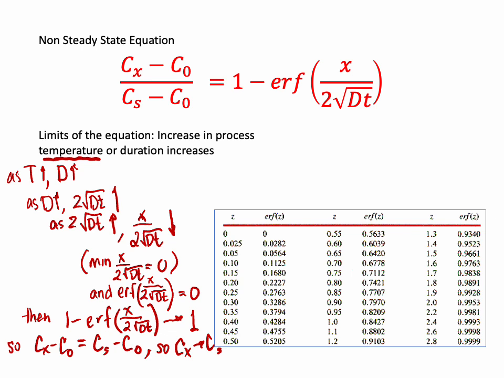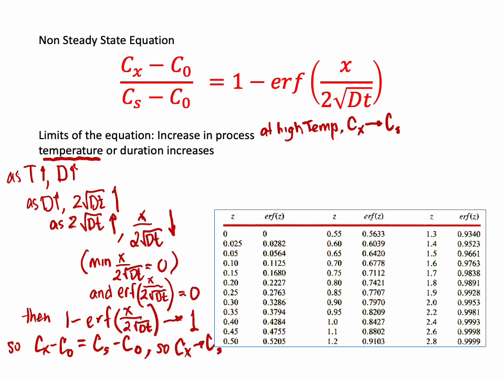So at high temperatures, the concentration at depth x approaches the concentration at the surface. Concentration C sub x approaches the concentration at the surface. That's for temperature increasing. For time or duration increasing, we have the same sequence of events.